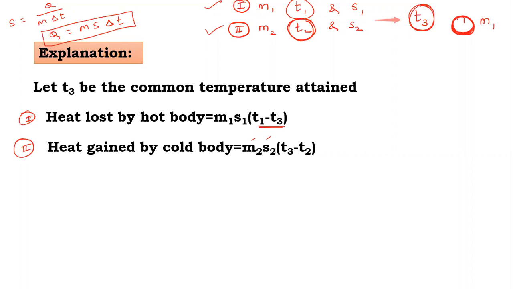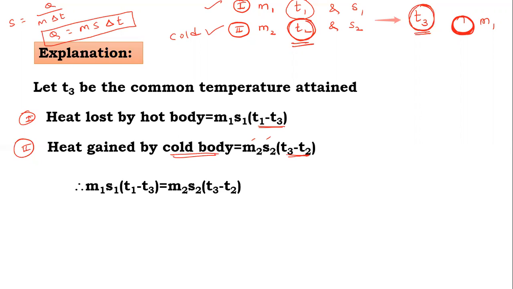Since the second body is a cold body, T2 is less than T3, so it gained temperature. So T3 minus T2, the larger minus the smaller.